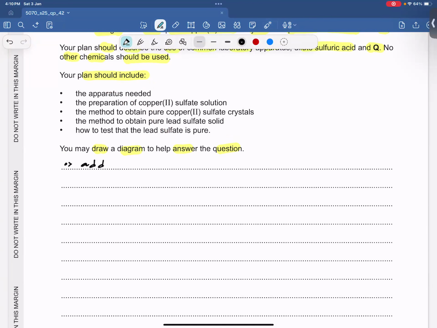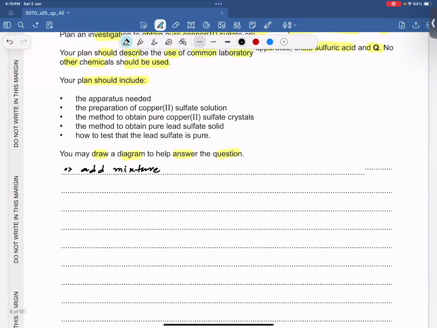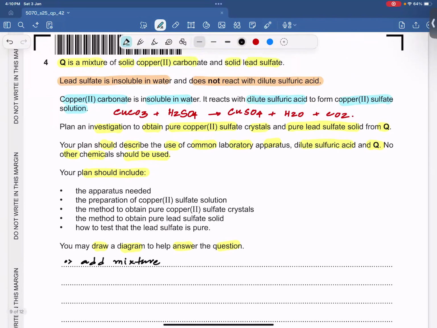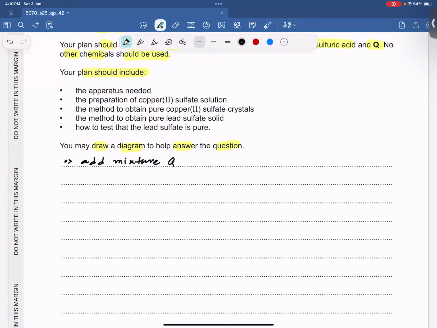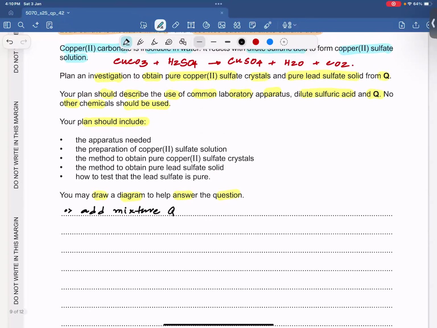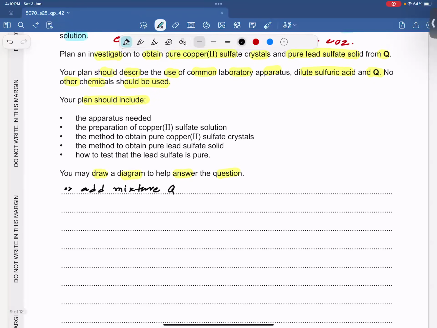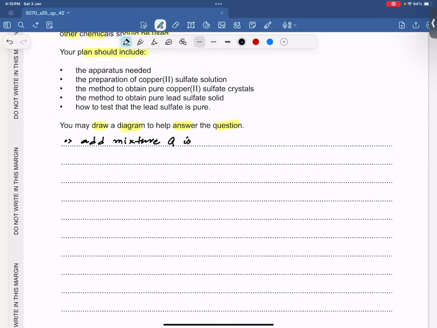So let's write. Add mixture Q in a 100 cm cube beaker. Okay.